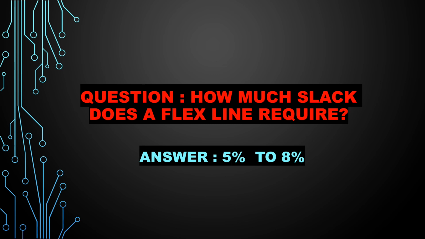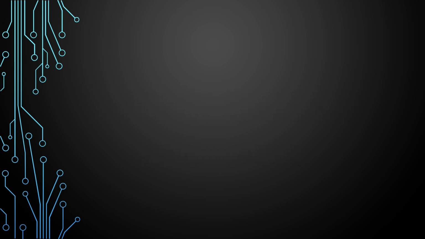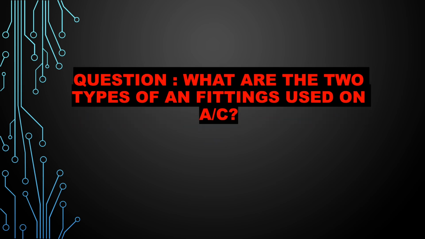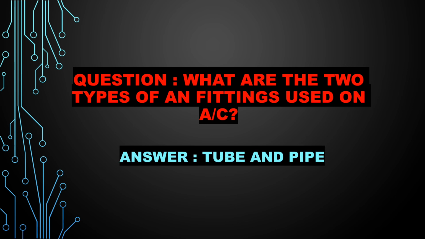Answer. 5% to 8%. Question. What are the 2 types of fittings used on a line? Answer. Tube and pipe.